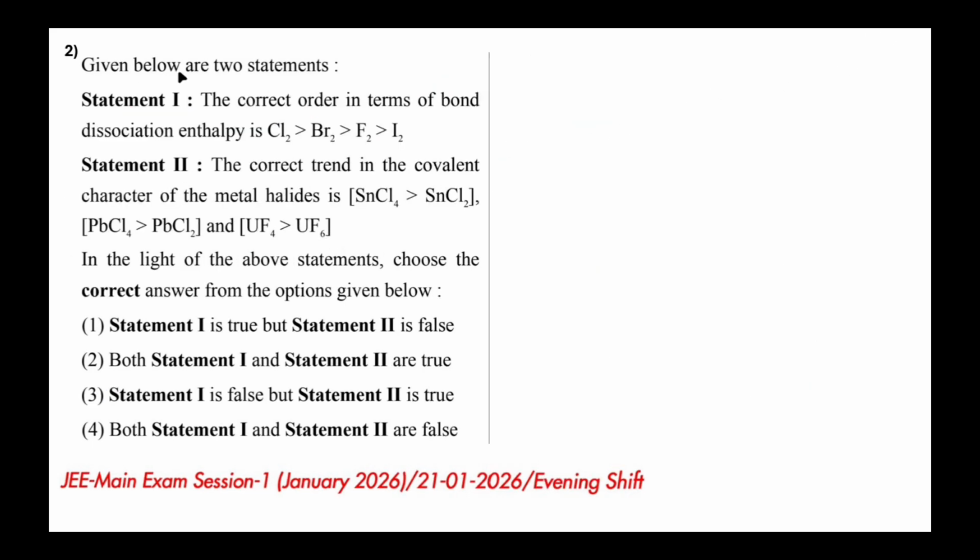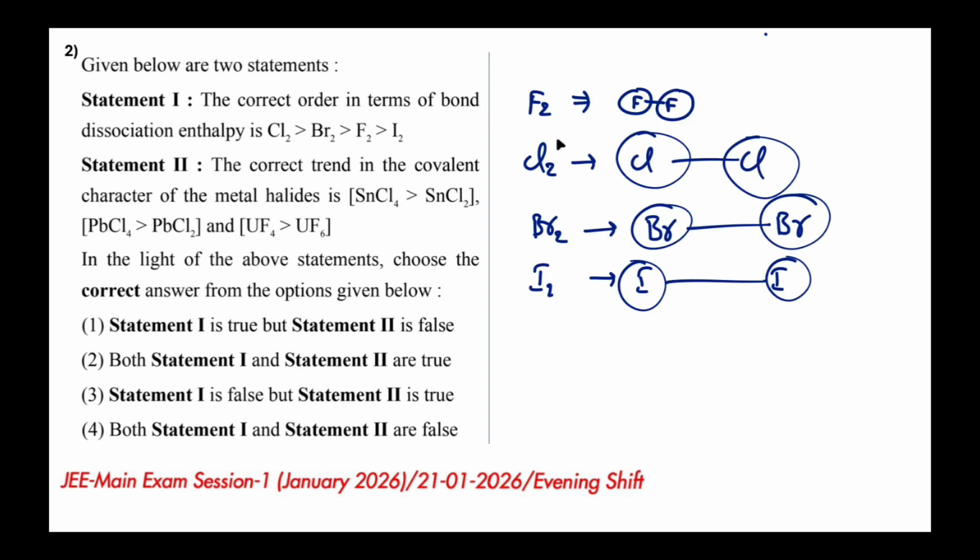The next question: given below are 2 statements. Statement 1: the correct order in terms of bond dissociation enthalpy is chlorine, bromine, fluorine and iodine. Let's check that. If you observe the bond distance between the fluorine atoms, the bond distance is very short, so some repulsions will arise between 2 fluorine atoms. That's why less energy is required to break the bond between 2 fluorine atoms.